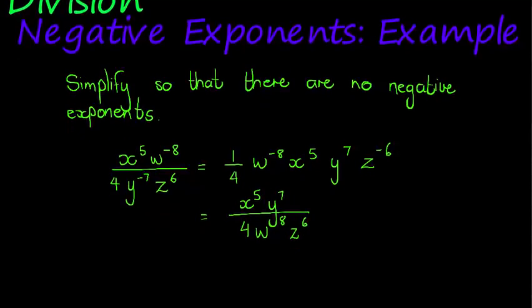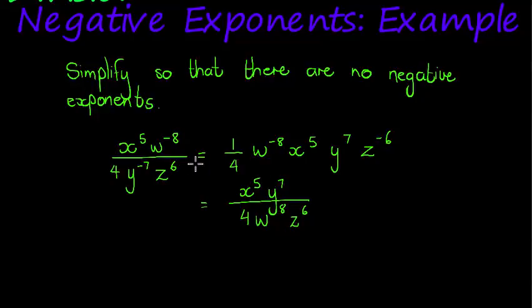Okay, so this is a simple method, and I follow this method every time, especially in complicated expressions. But I want to show you, from the original question to the final answer, a quick method that you could have done. What you could have done is just swapped anything with a negative exponent. If it was in the numerator, you could move it to the denominator.